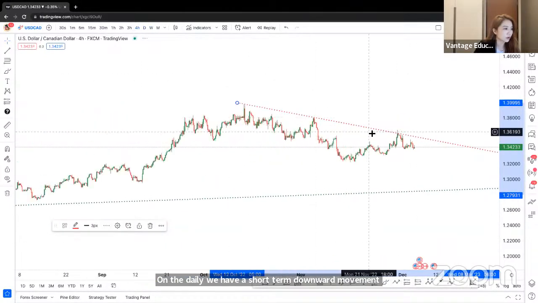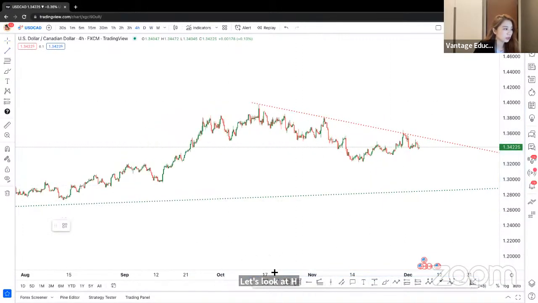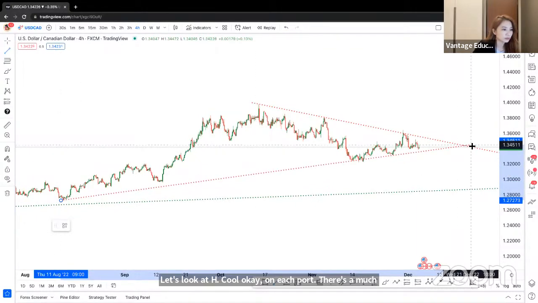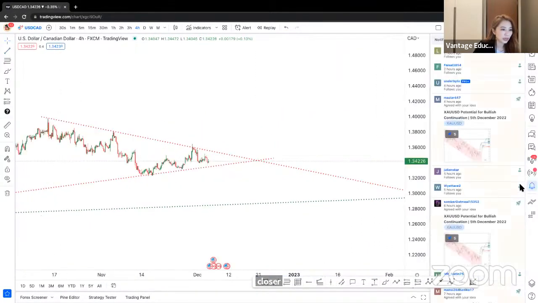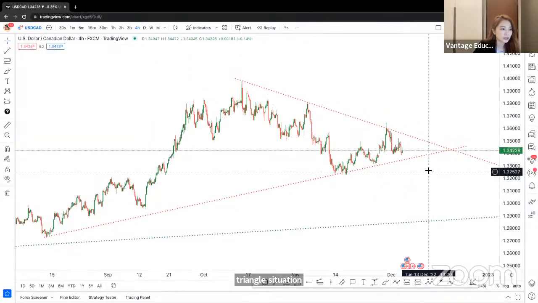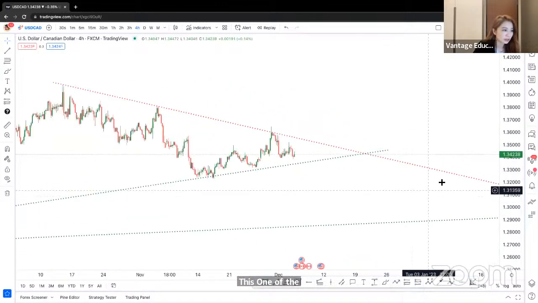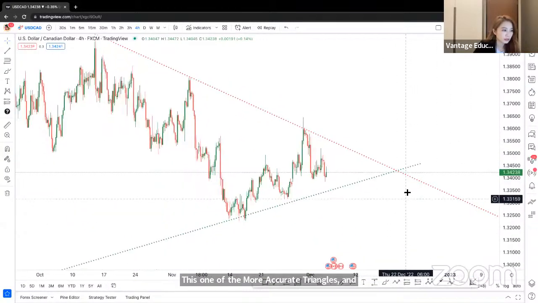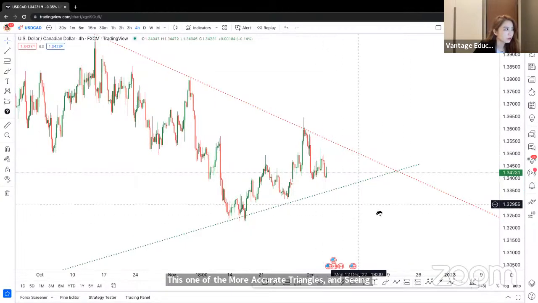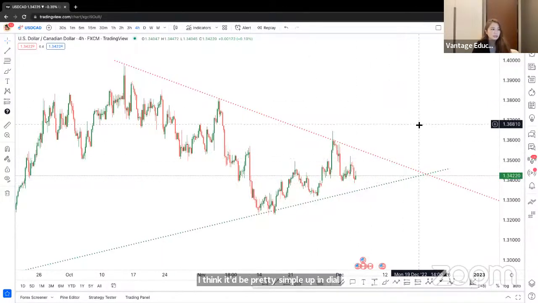Let's look at H4. On H4, there's a much closer upward movement that we are seeing here. So it is a triangle situation again. These are one of the more accurate triangles that I'm seeing. Right now price is in the middle. So for dollar cat for the upcoming weeks, I think it'll be pretty simple. Up and down resistance support kind of trading until it exits the triangle.